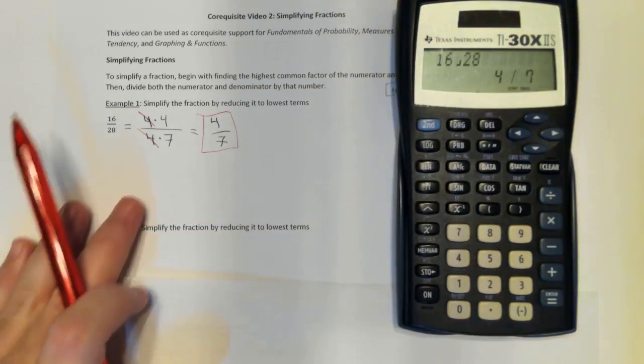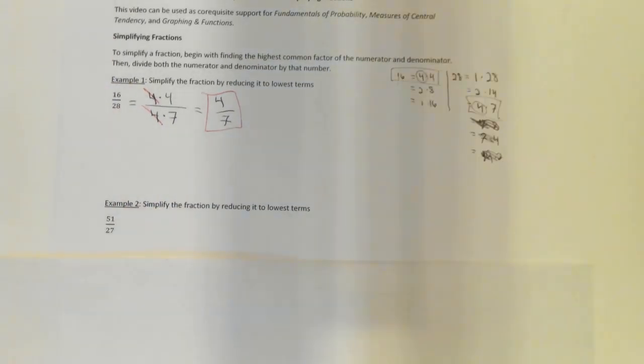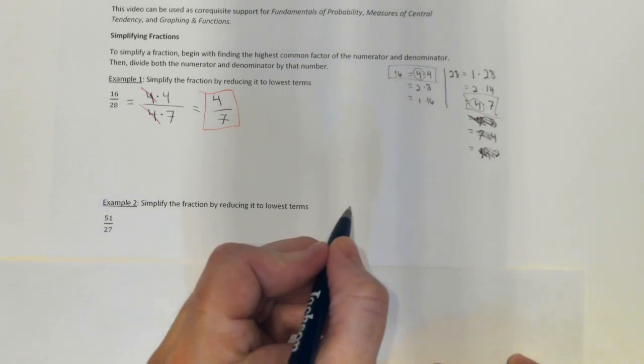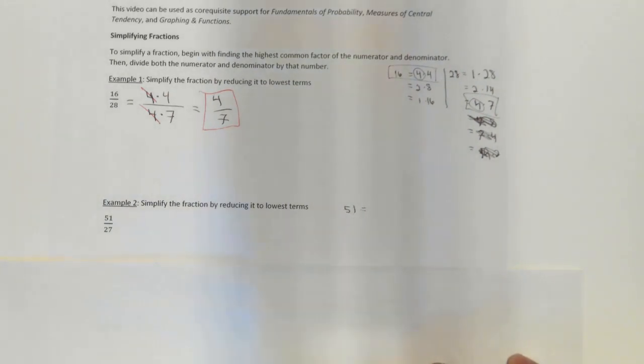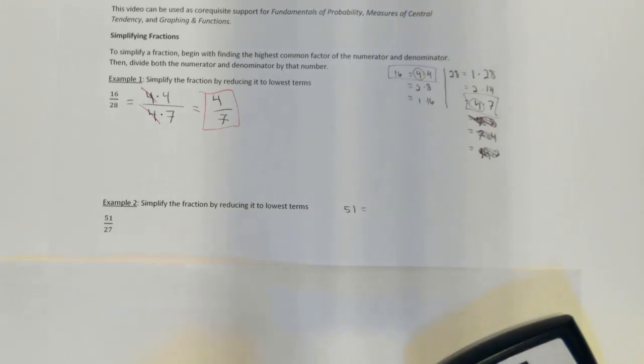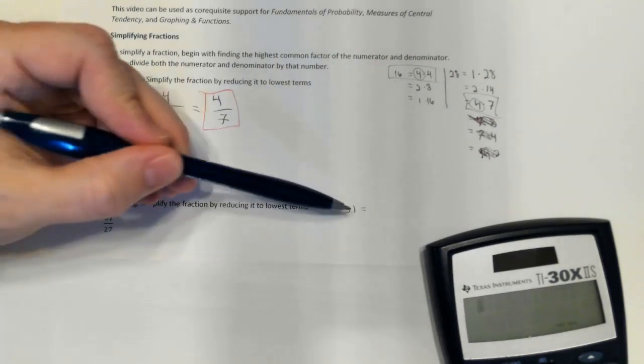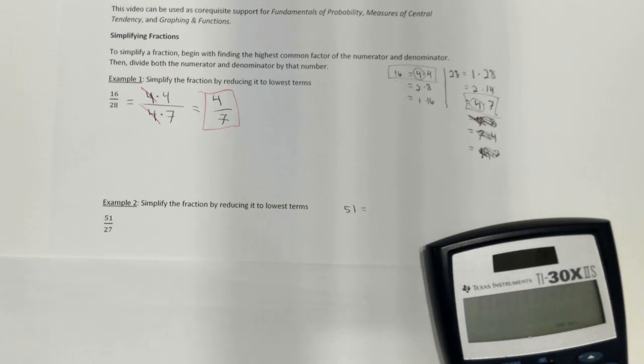So let's look at this one. 51 over 27. I can do this same game over here and do 51. Well, 51, that's a strange number. So a trick here is, we know it's not even, because if it was even, it would end in a 0 or any even number, 0, 2, 4, 6, 8.